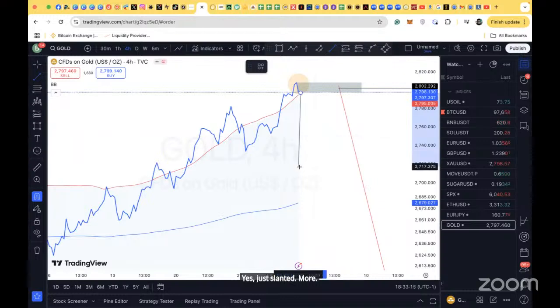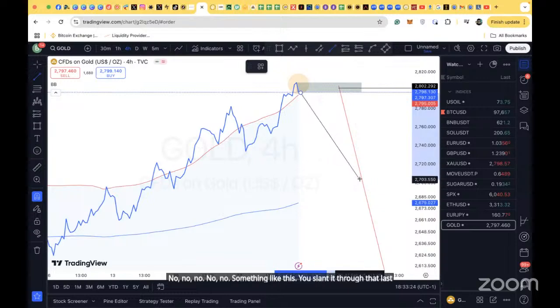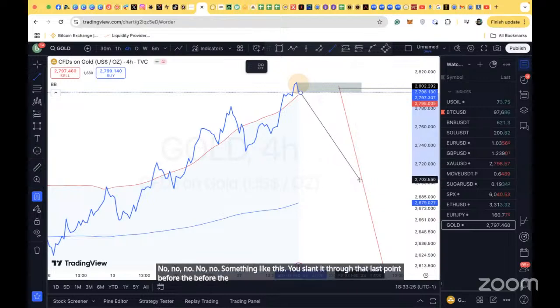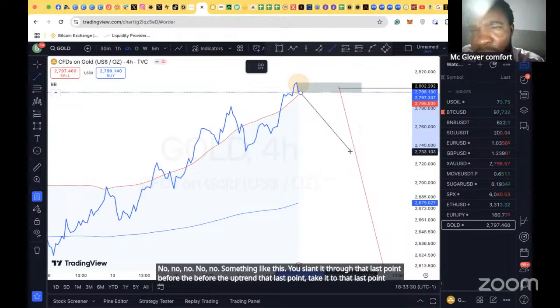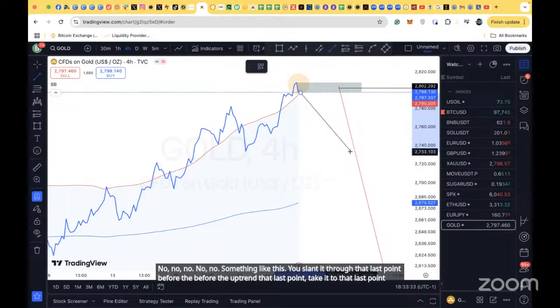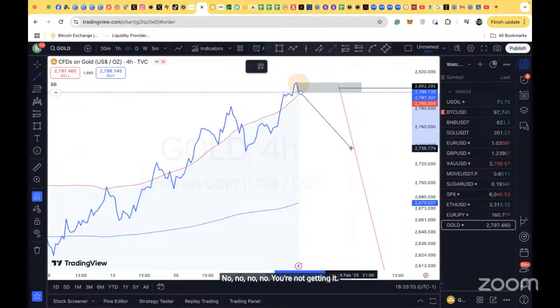No, not something like this. You slant it so that last point before the uptrend, take it to that last point. This one? No. You're not getting it.